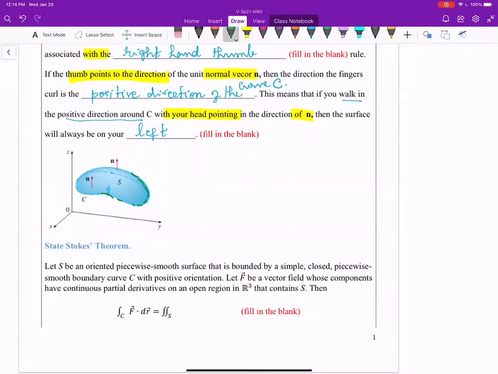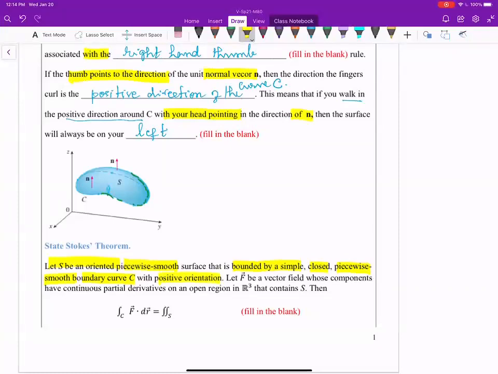State Stokes' theorem. Let S be an oriented piecewise smooth surface that is bounded by a simple closed piecewise smooth boundary curve C with positive orientation.